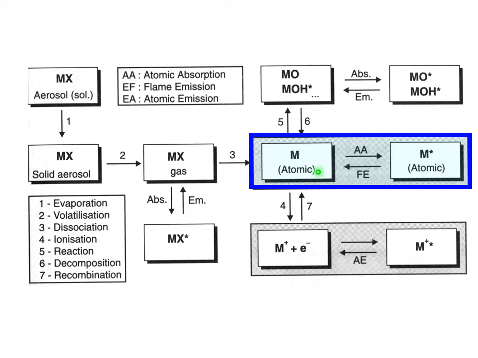It's a complex procedure, but this can be done. So as a result, we have sodium atoms in our flame. The same process will be true for any other metal of the periodic table. Non-metals are more difficult to handle, and in most cases it's simply impossible.